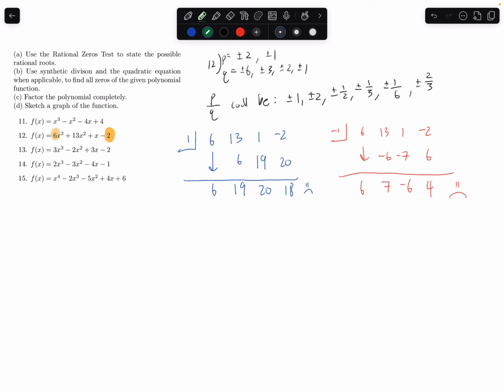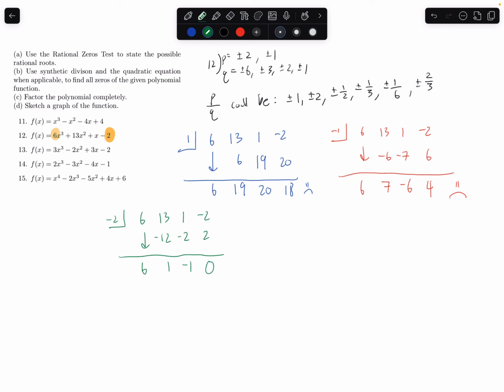All right, I'm going to continue checking the whole numbers because those are the easiest to work with. I'm just hopeful that I'm going to get a whole number factor. Let's try -2. 6 times -2 is -12, which gives me 1. 1 times -2 is -2. -2 plus 1 is -1. -1 times -2 is +2. -2 plus 2 is 0.